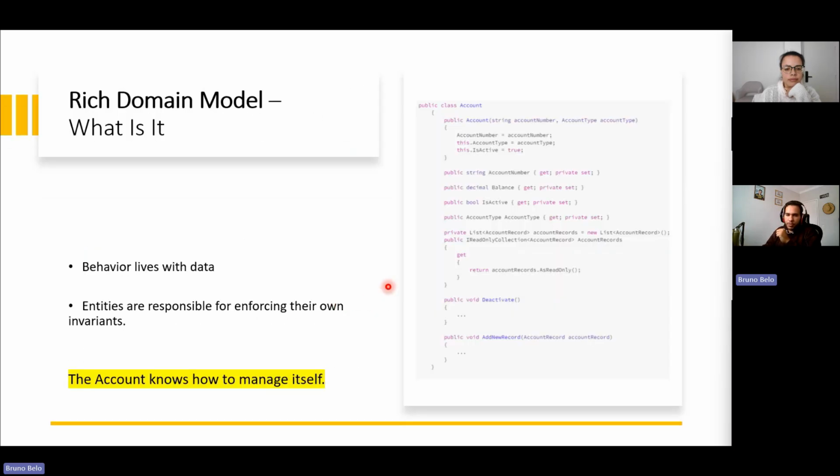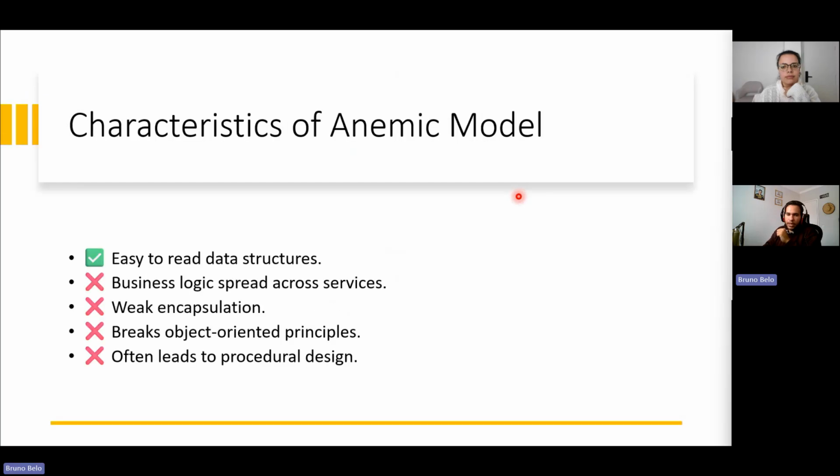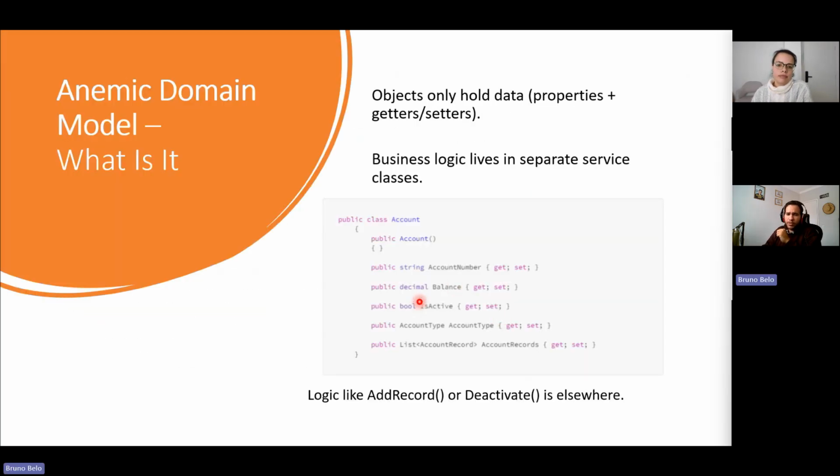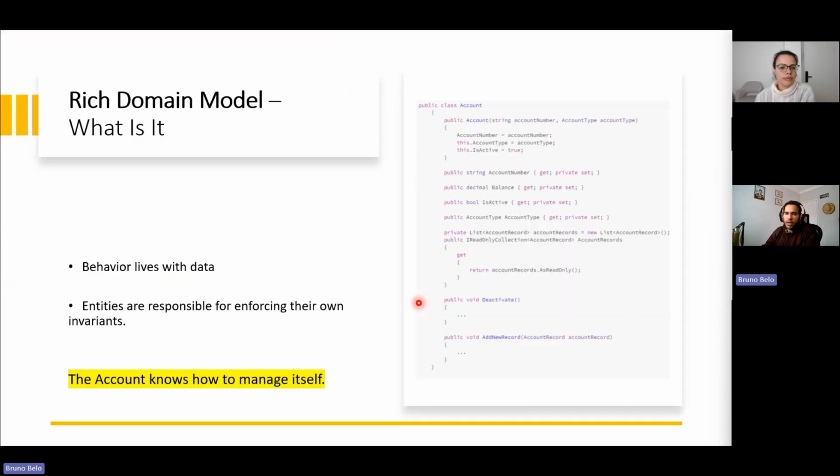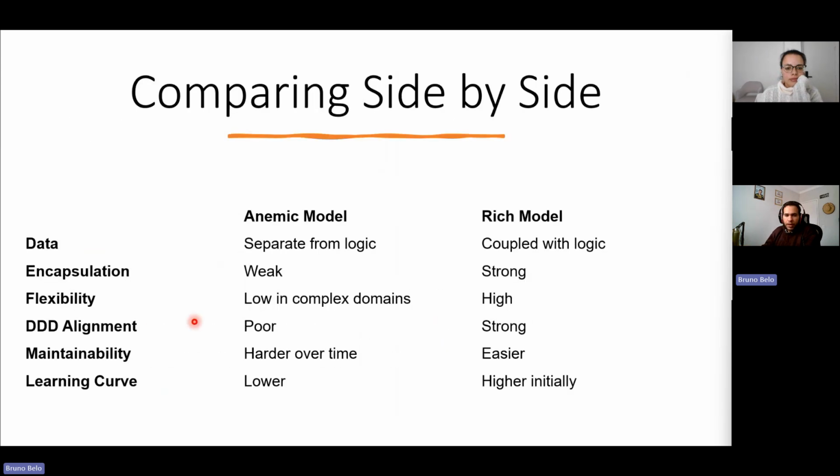If I want to change a property in the anemic domain, it's hard for me to know if I can really change this property or not, because I don't know exactly what other places depend on this one. Now, when I have a rich domain, I know exactly that everything that is relying or depending on it should be close here, at least the complex stuff.